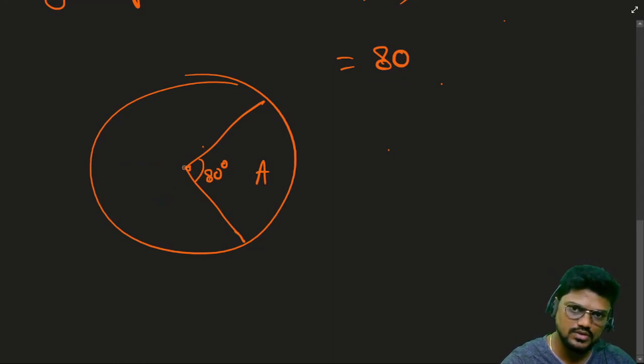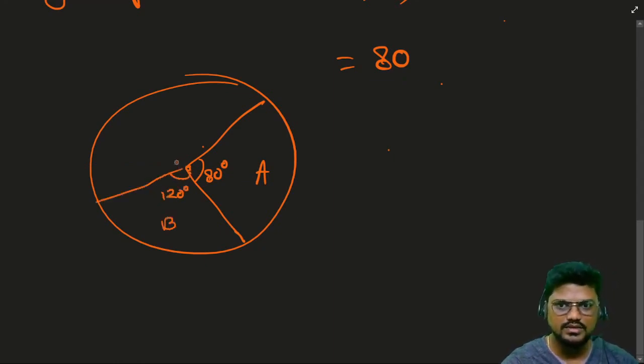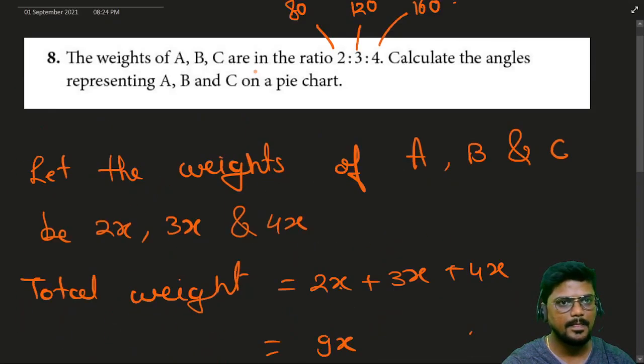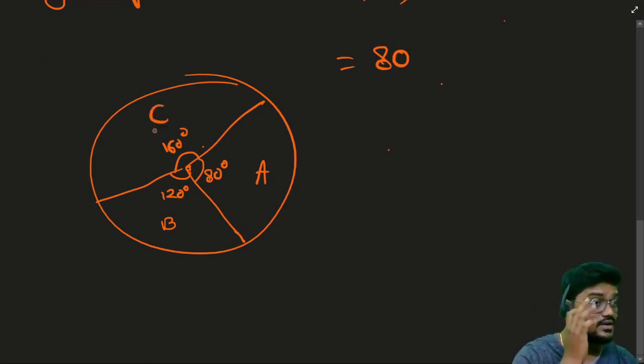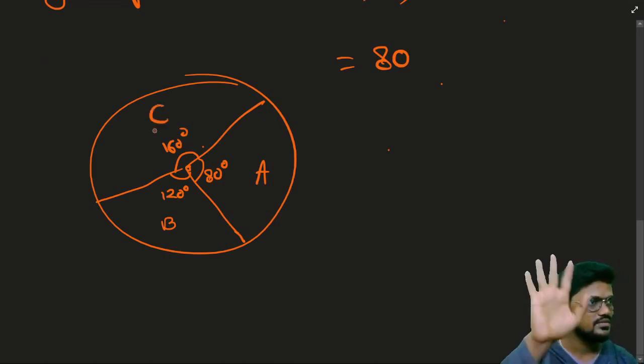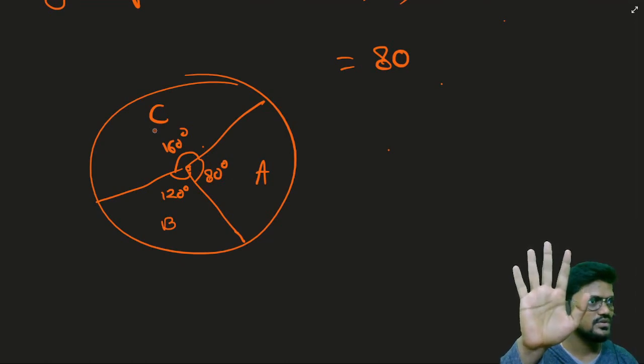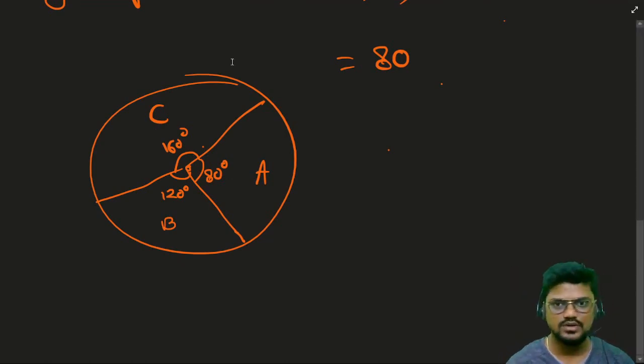This will be 120 degree for B, and the other one will be 160 degree for C. Got it? You can do it? Everyone? Yes or no? Okay, fine. Next question.